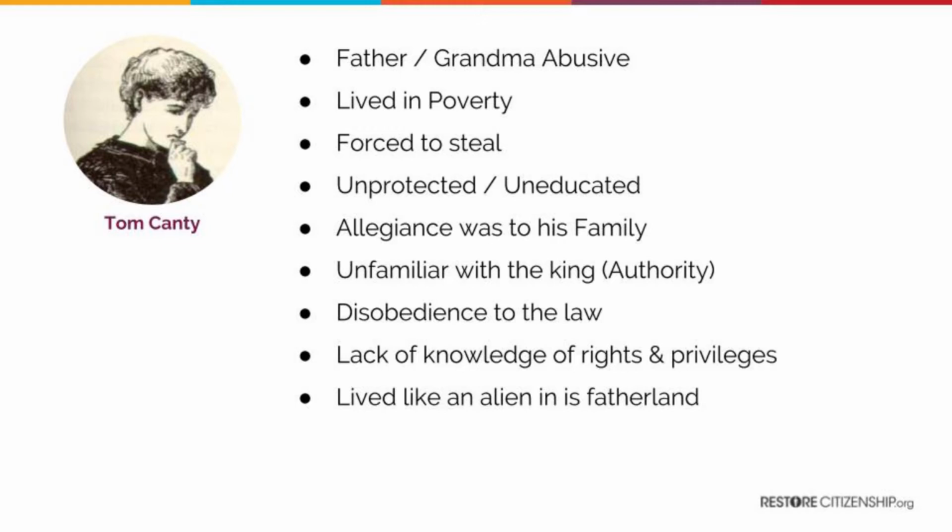What I mean by that is not that he didn't know where the palace was, because we saw him outside of the palace, but he was unfamiliar with what authority does, because the only authority that he ever came in close contact with was his father and his grandmother, and they were abusive. They abused their authority. They abused their position. So all he ever knew about a king, in many ways, was abuse.